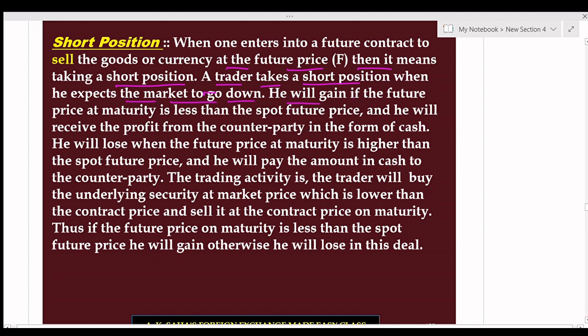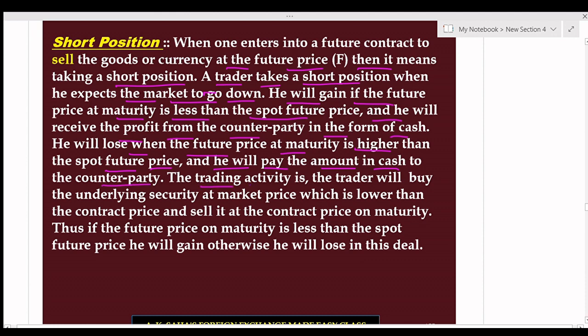He will gain if the future price at maturity is less than the spot future price, and he will receive the profit from the counterparty in the form of cash. He will lose when the future price at maturity is higher than the spot future price, and he will pay the amount in cash to the counterparty.